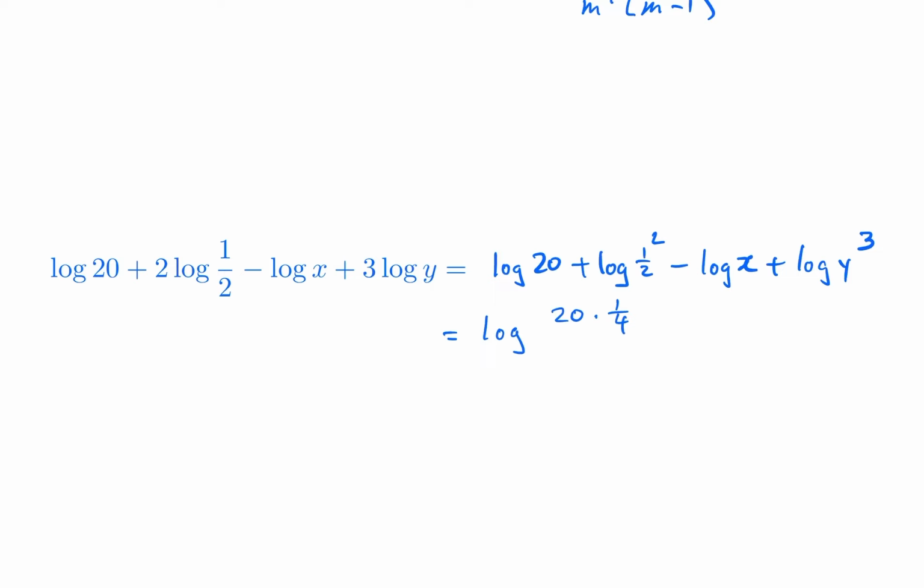We now have a subtraction, so that's going to be a division here. So that's going to be divided by x. And then we have a positive here, so that's going to be a multiplication. So this becomes times y cubed. Okay, and then further simplifying this becomes log of 5y cubed over x.